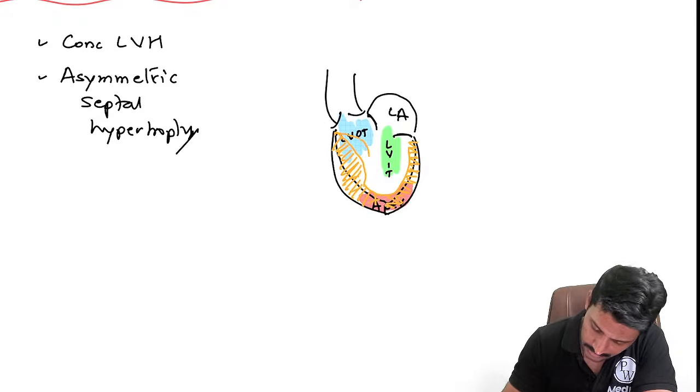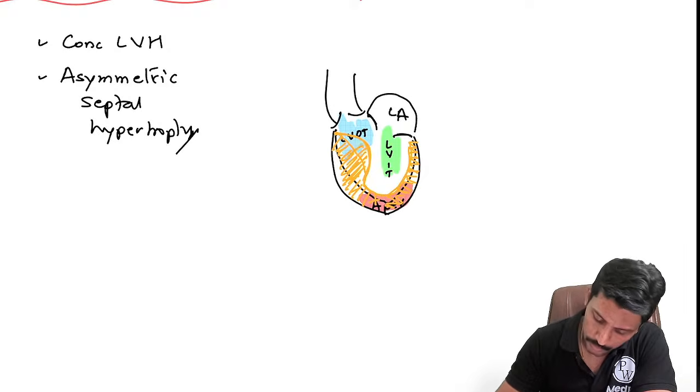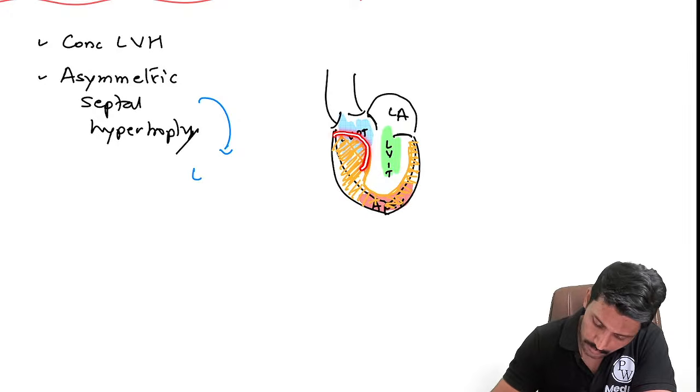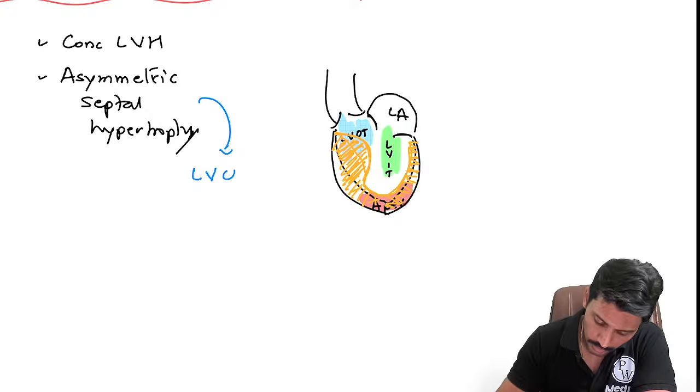So the septum starts enlarging more inwards in comparison to the rest of the ventricular wall. So septum becomes more and more hypertrophied. So this asymmetric septal hypertrophy results in eating up the space available for the flow of blood from left ventricle to aorta. So it leads to left ventricular outflow tract obstruction.